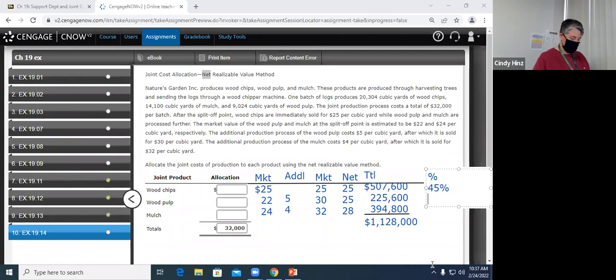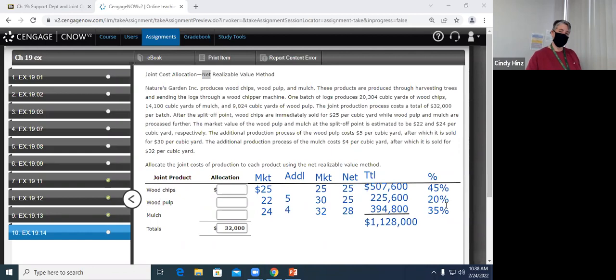For wood pulp, 225,600 divided by 1,128,000, that's 20%. And for the mulch, 394,800 divided by 1,128,000, 35%. And as we said in the previous exercises, make sure that you have 100% of the value there.